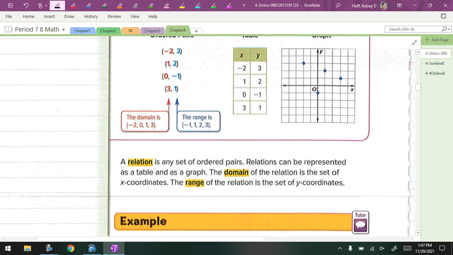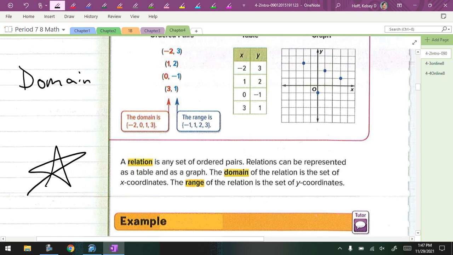Here is today's important vocab. We learned 2 words today. Domain and range. The domain of the relation is the set of all the x-coordinates. So in the ordered pairs, they listed all of the x-coordinates.